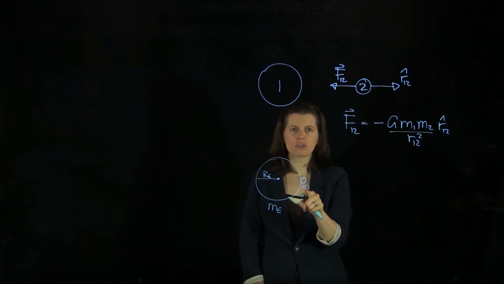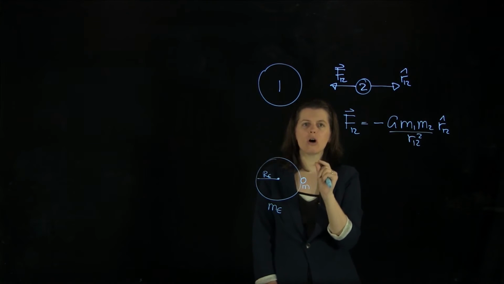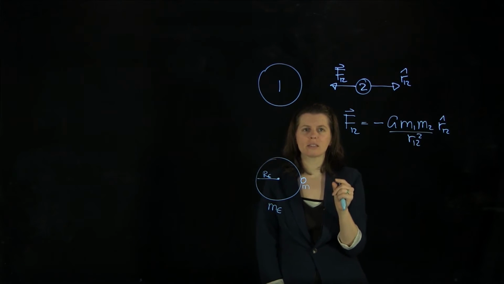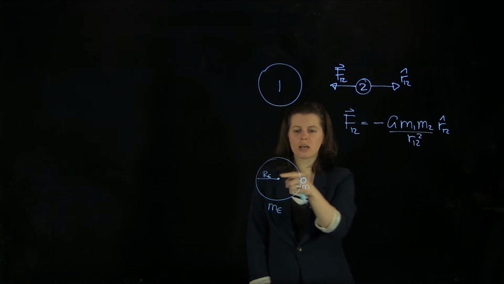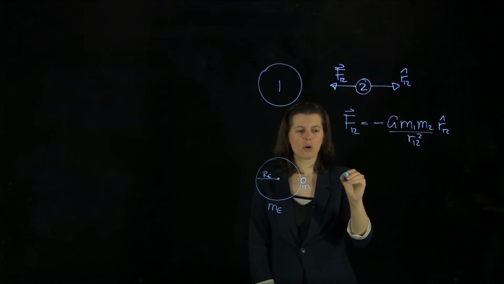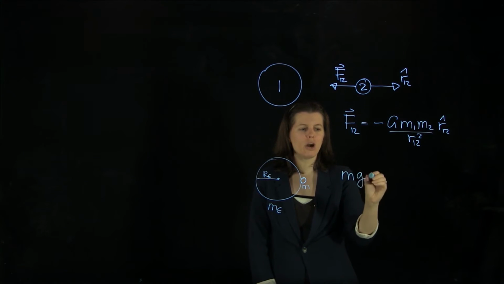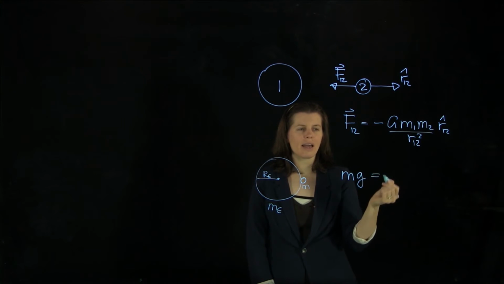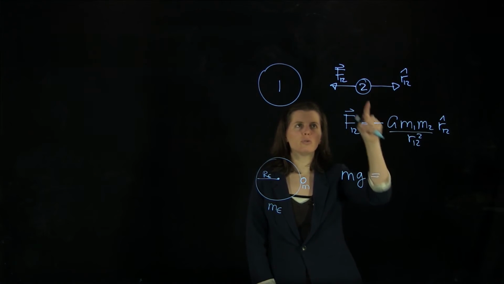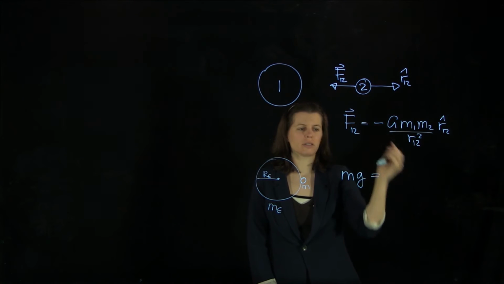What we are now considering in addition is that this moon rock is also experiencing a gravitational acceleration due to this force, and that goes inward as well. So it is experiencing an mg. And we know that that is the same as the magnitude of this force here.